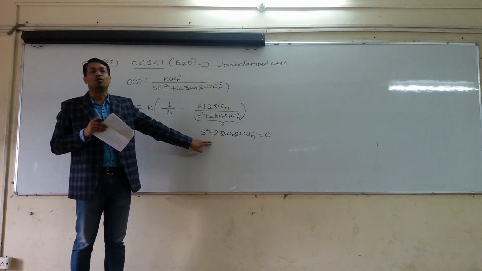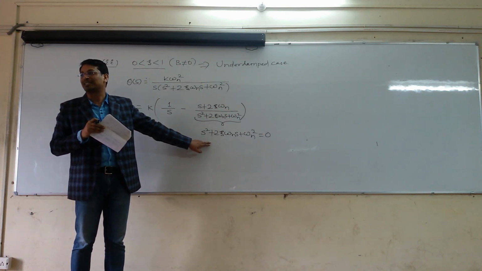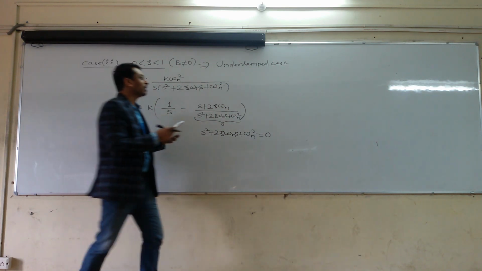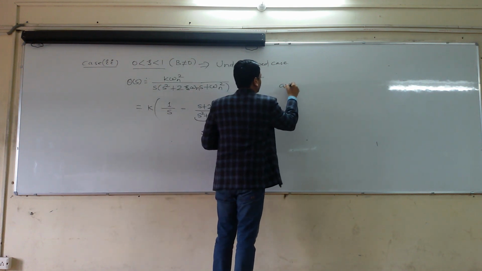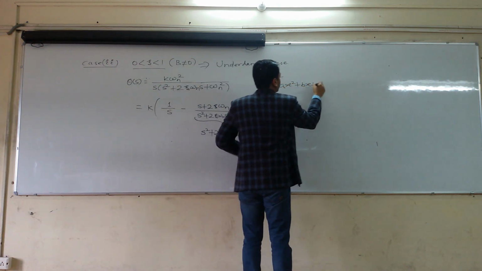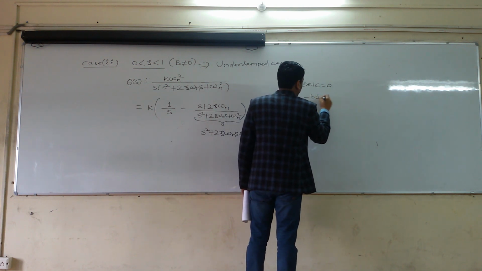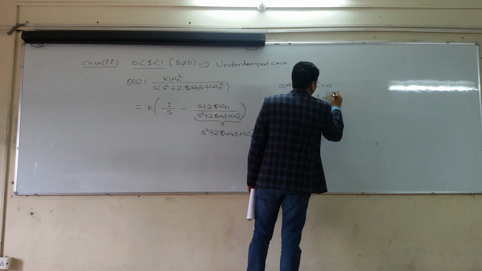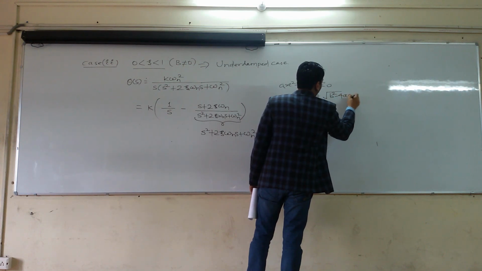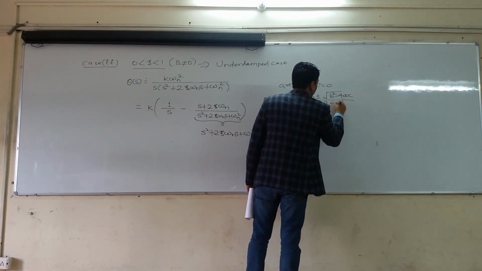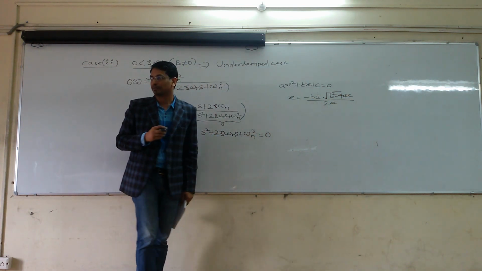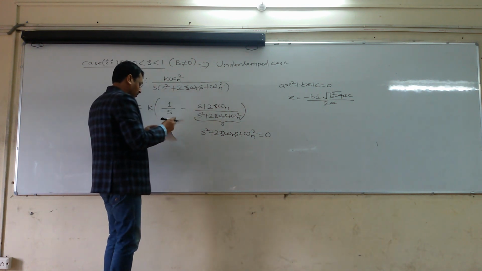For the general case, ax square plus bx plus c equal to 0, x will be equal to minus b plus minus root under b square minus 4ac divided by 2a. Correct or wrong? Correct. Okay.